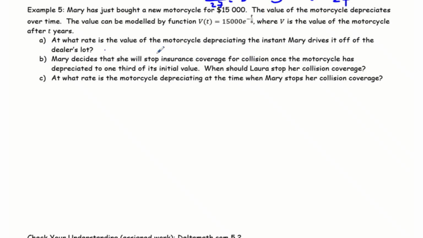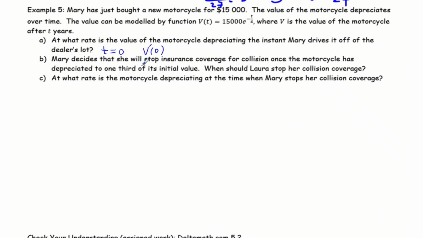It asks at what rate the value of the motorcycle is depreciating the instant Mary drives it off the dealer's lot. That means when t equals 0, the value will drop, so we want to find the derivative when t equals 0, the rate of change.